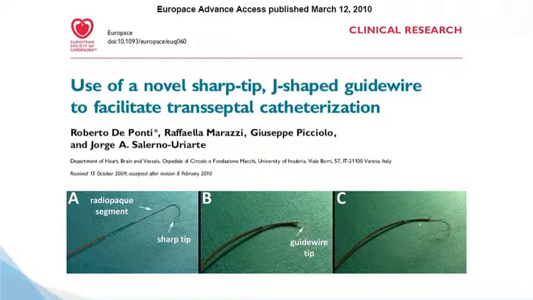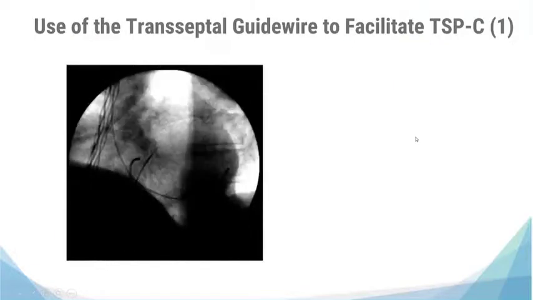So what we use on a regular basis, you see here, is the transseptal guide wire, which can be inserted over the needle. It is very sharp in the distal part, although it is very, very thin. And as soon as you advance this guide wire over the needle, it resumes the J shape, so it's completely automatic in the left atrium. You see here one case.